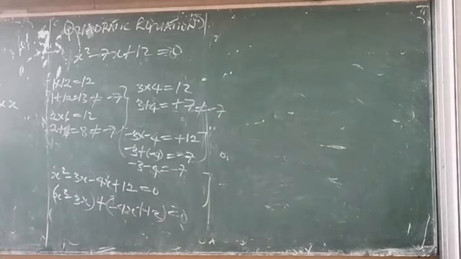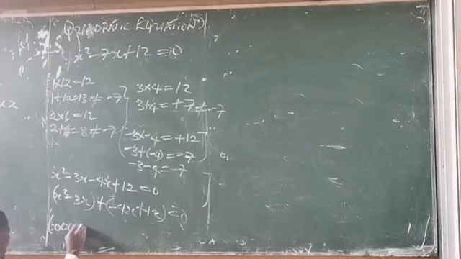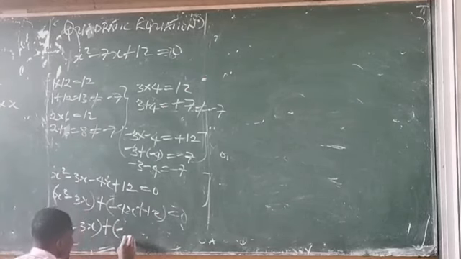Like I said earlier, x squared simply means x times x. So we can have this to be x times x to give us x squared minus 3x, plus this is minus 4x.